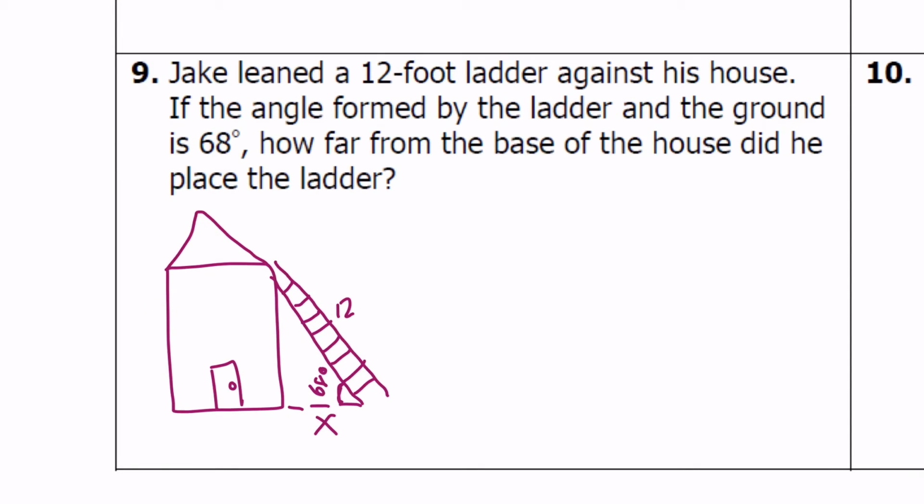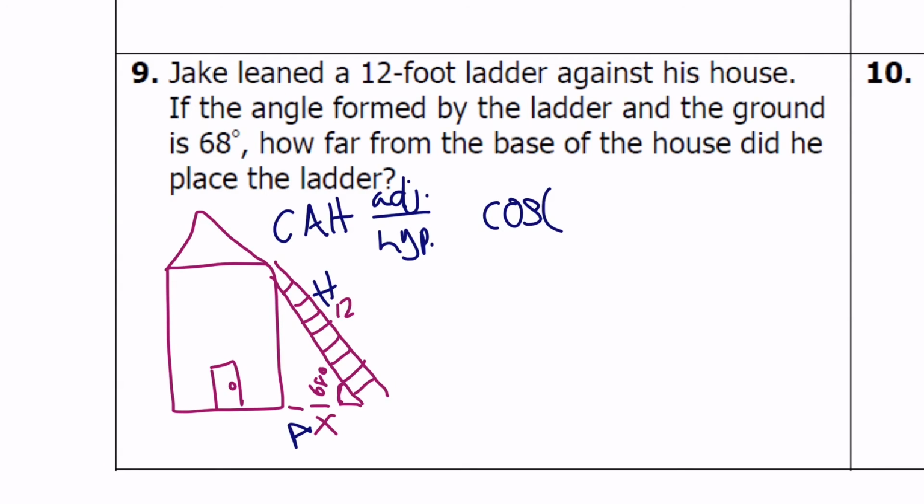So I am given my hypotenuse, and I'm trying to find my side adjacent. That tells me I'm going to use my function, my adjacent over my hypotenuse. So the cosine of 68, not 680, is equal to my adjacent side, x, over my hypotenuse, 12.